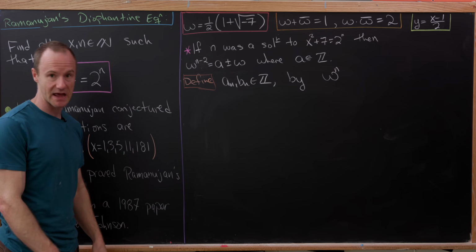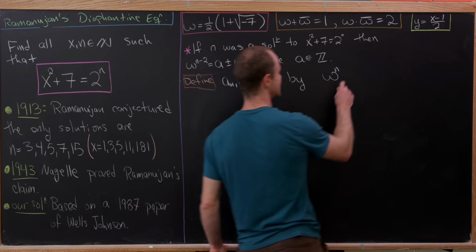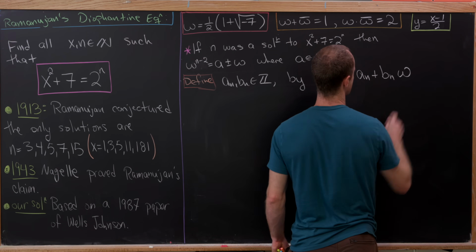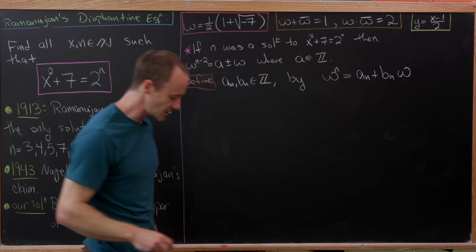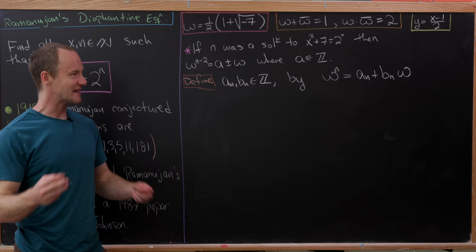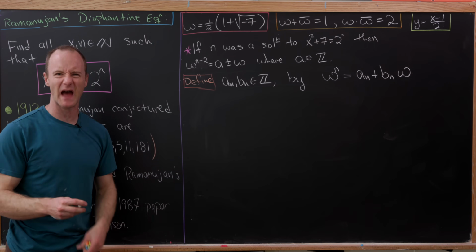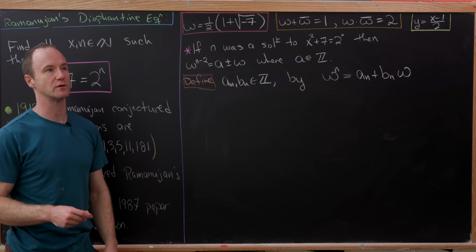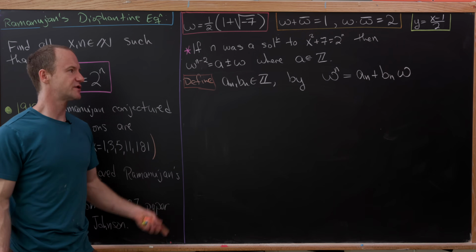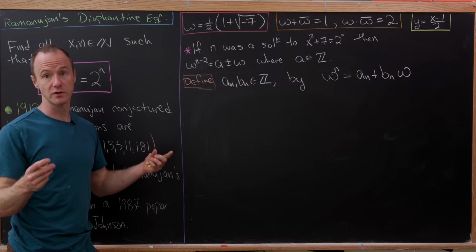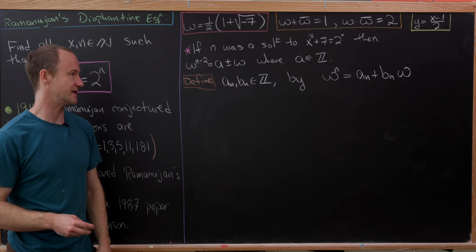We're defining a sub n and b sub n by omega to the n equals a sub n plus b sub n times omega. Okay, nice. And that's possible because of, well, I don't have it on the board, but that rule where omega squared equals omega minus 2. So that allows you to take any power of omega larger than or equal to 2 and write it as a power that is 1.